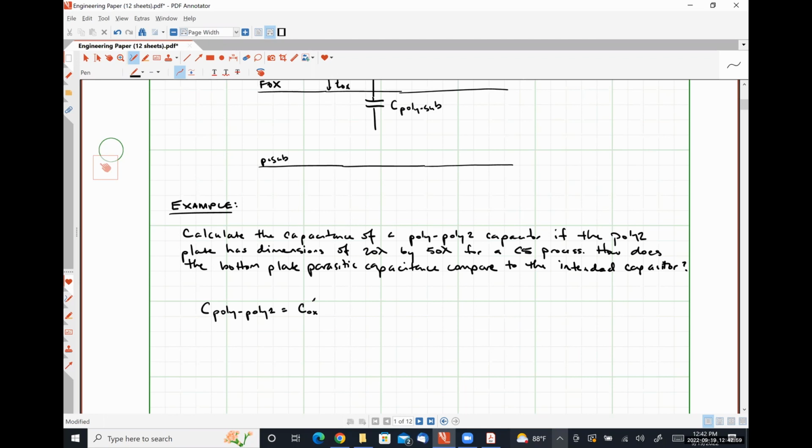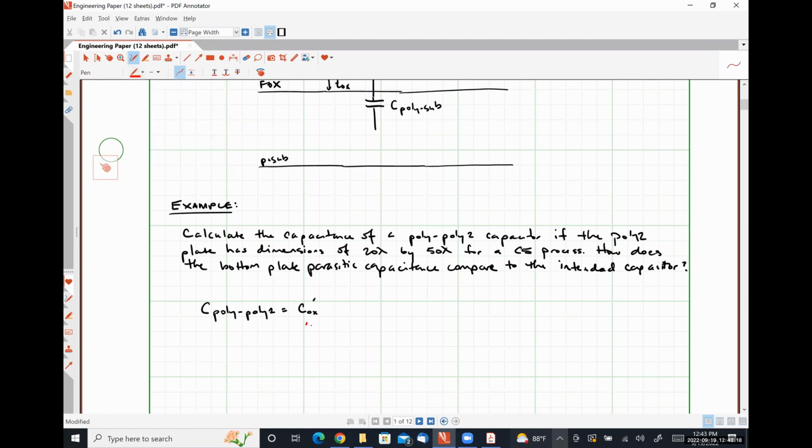And this is where we use our table. So on the table, the capacitance between poly and poly 2 is given as 893 attofarads per micron squared.